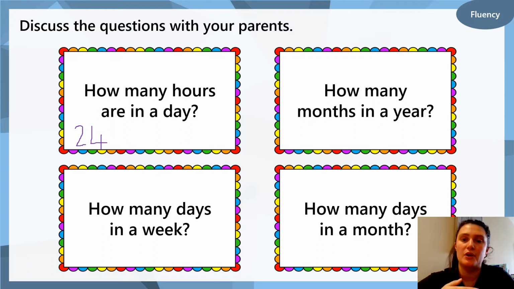And it doesn't go 1 o'clock, 1 o'clock, 2 o'clock, 2 o'clock. We'll go 1 o'clock, 2 o'clock, 3 o'clock, all the way to 12. And then we start again at 1 o'clock. So there are 24 hours in a day.